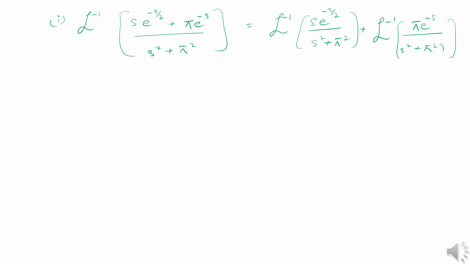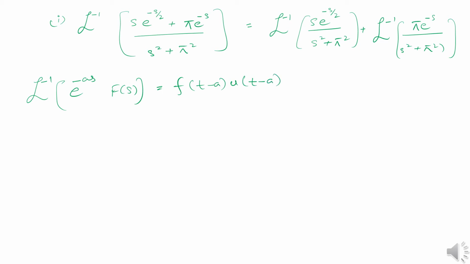If we recall the second shifting theorem, it says that the inverse of e raised to the power negative as times f of s is equal to function of t minus a multiplied by u of t minus a.